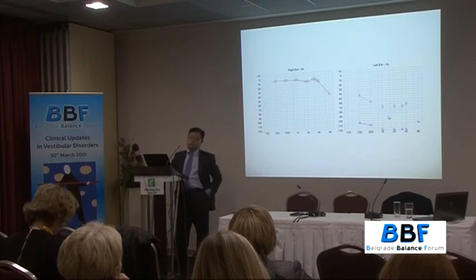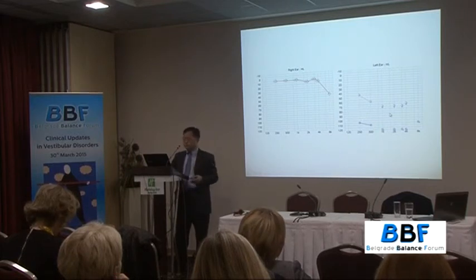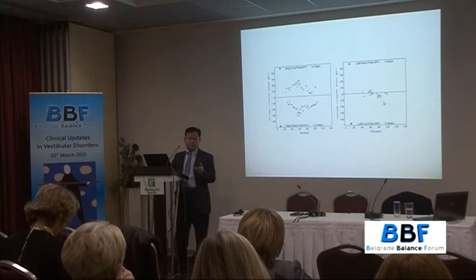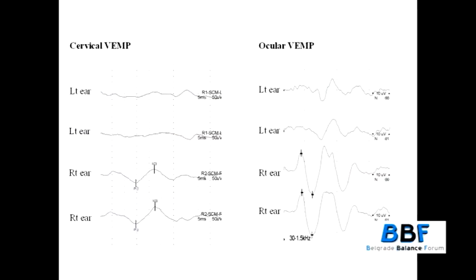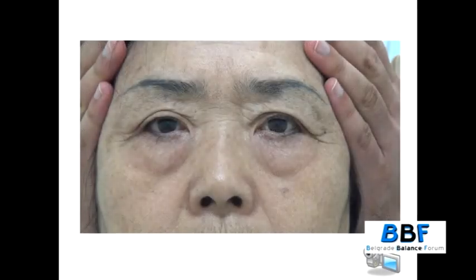And she also shows hearing loss and caloric paresis on the left side, and no BAMS formation during left ear stimulation. But if you look at the head impulse, it is positive to the right, but also positive to the left, even though the right-sided head impulse is more obvious.